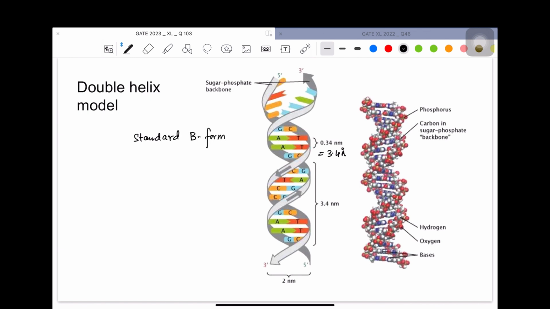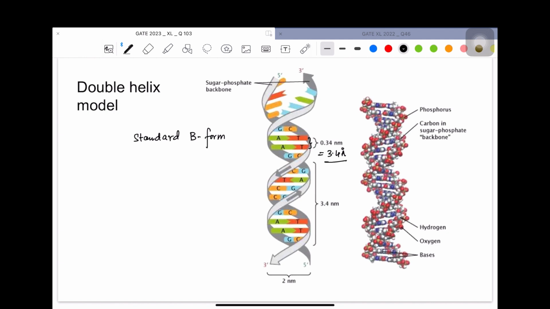And in the standard B form of DNA, we can see that in this double helix, the rise between base pairs is 3.4 angstrom, which means the distance between two base pairs is 3.4 angstrom.